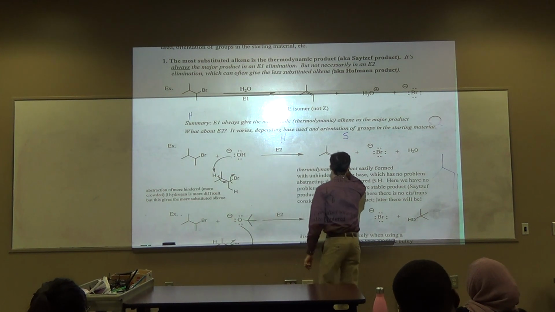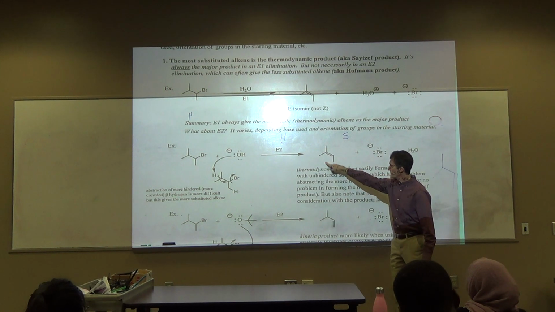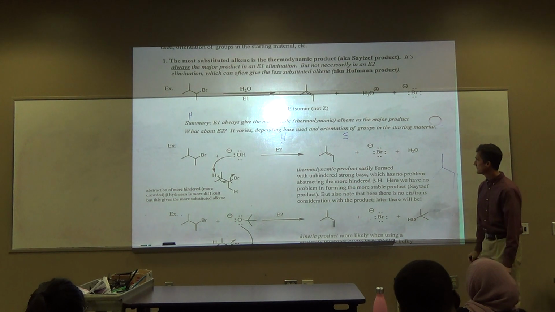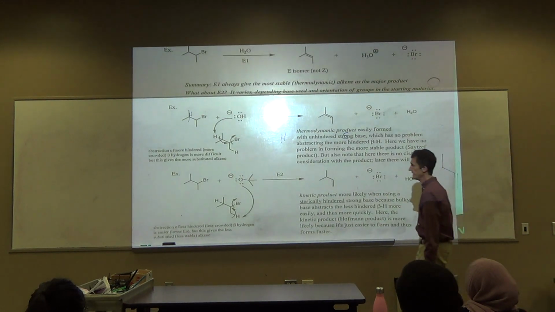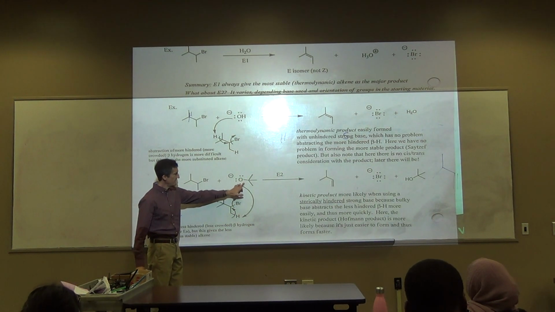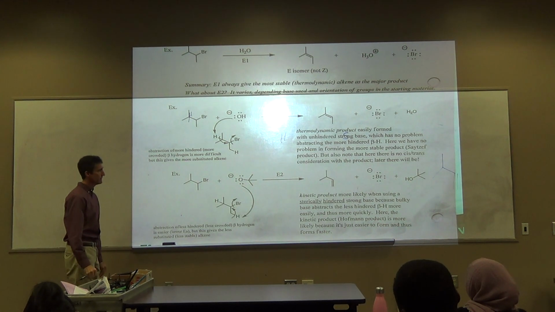You're going to get the same product as with the E1, the thermodynamic product. But if you use a sterically hindered strong base, which butoxide is because it's got these wings on the carbon. Okay?